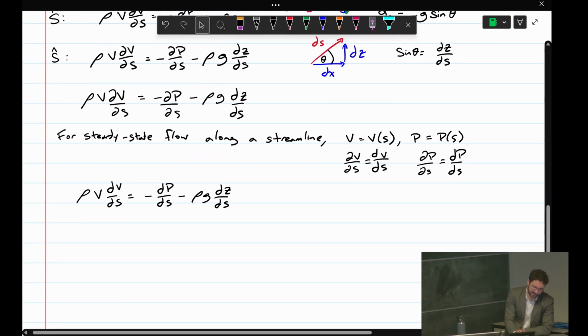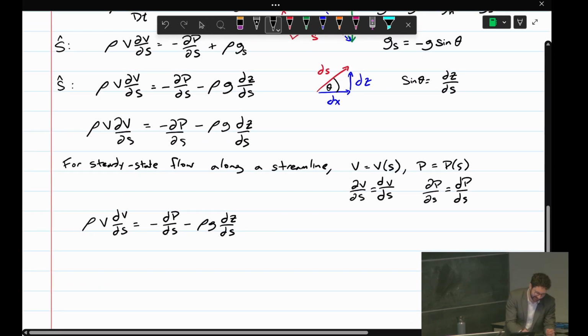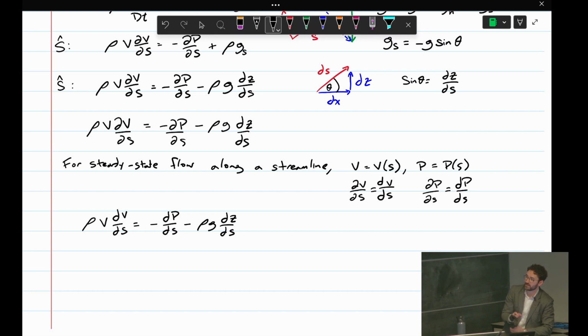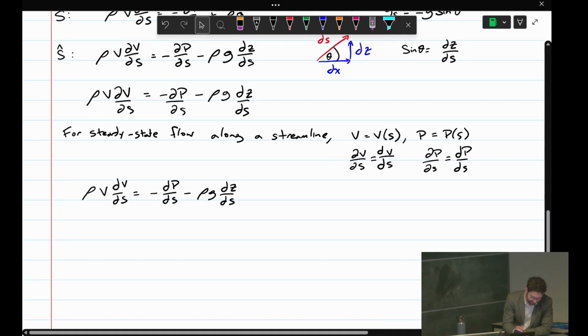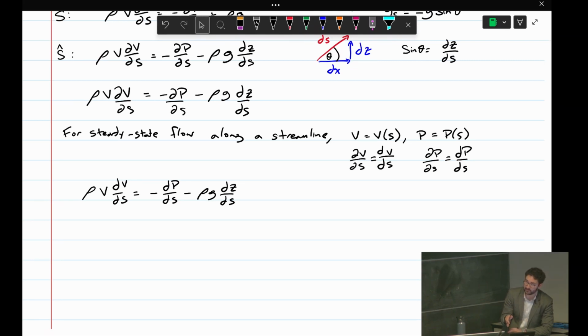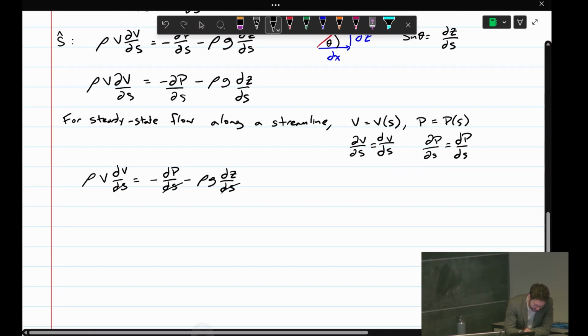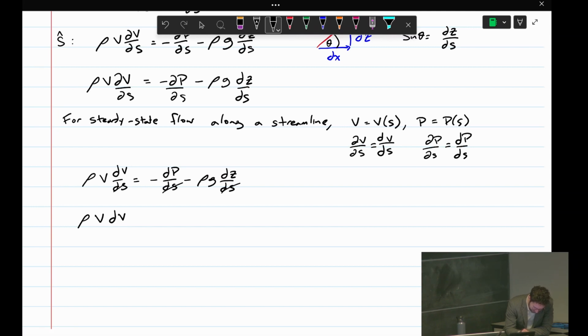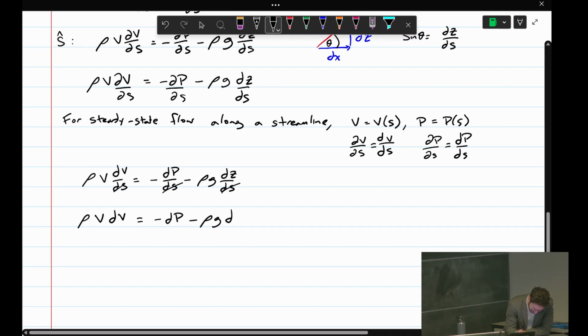The reason I said I canceled them earlier was because I was canceling partial s with ds, which I shouldn't do. ds only cancels ds. Now these are all ds's because we've restricted ourselves to a 1D line through our flow field, so these s's can cancel out. We get the equation that I wrote earlier, but in terms of d: rho v dv is negative dp minus rho g dz.